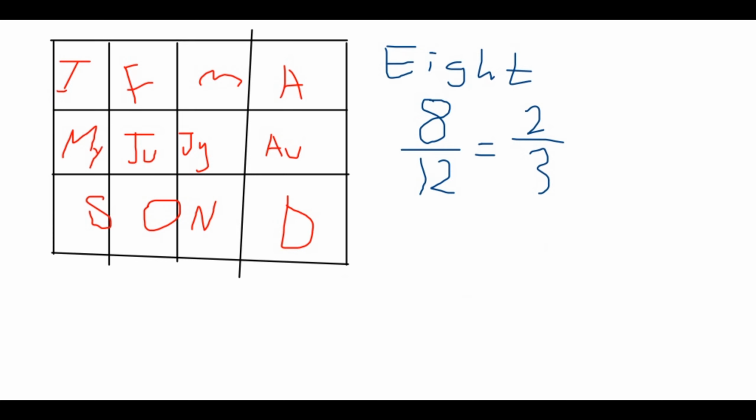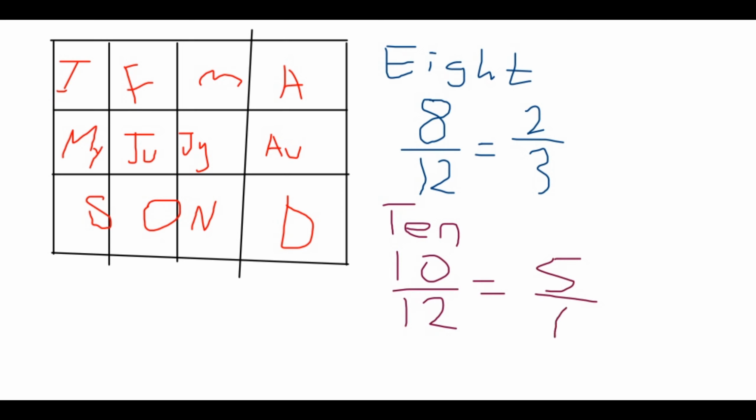So now, what is the fraction for 10 months? Well, the fraction for 10 months will be simply 10 over 12. And if I break this further, I'll have 5 over 6.